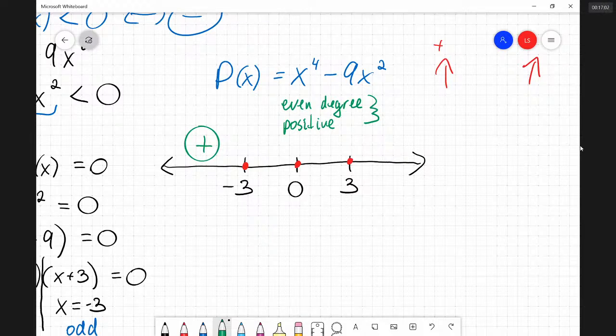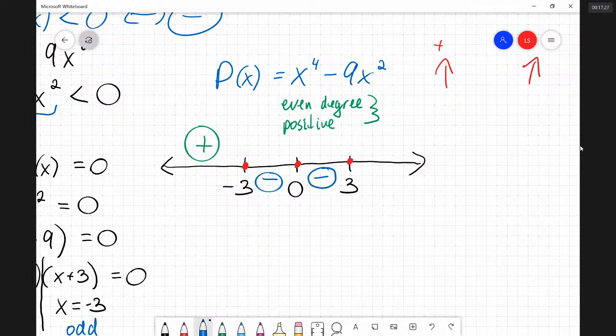Then we start using multiplicity. What is the multiplicity of -3? Odd or even? Odd. It's odd, therefore I have to cross, which means as I cross -3, I have to go down to negative. Then I reach another X-intercept. What is the multiplicity of 0? Even. That means I bounce off of it.